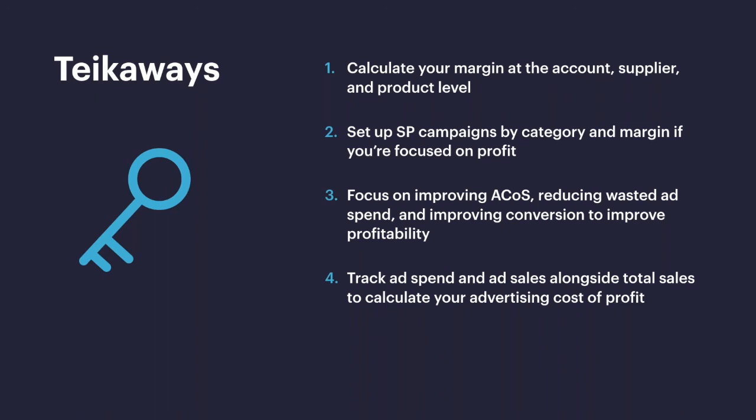Number 3, you want to focus on improving ACOS. You're going to do that by breaking down campaigns. You also want to be looking at how can I reduce wasted ad spend, whether that's bid adjustments or negating, and then how can I improve conversion in order to improve profitability.